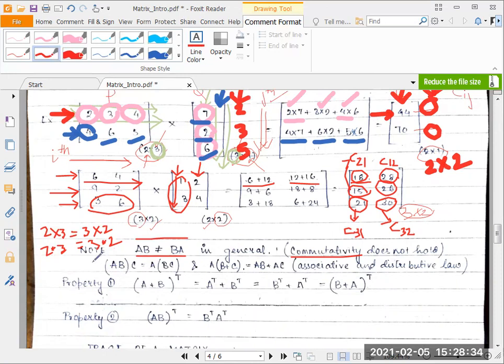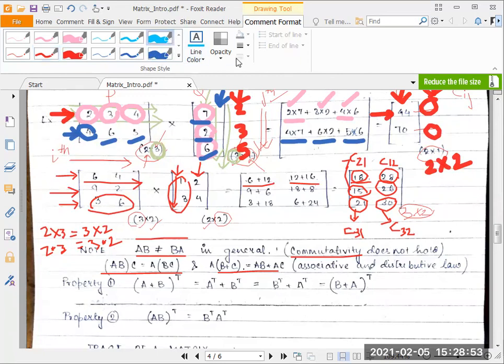The next note that we need to make is that (AB)C equals A(BC), and A times (B plus C) is equal to AB plus AC. So this is the associative property and this is the distributive property. These two properties actually hold in matrix algebra.